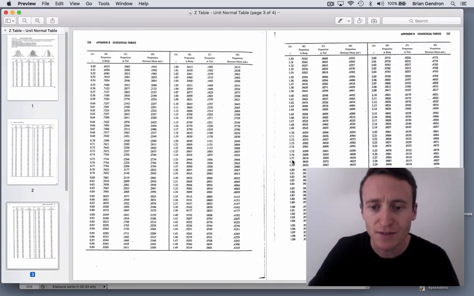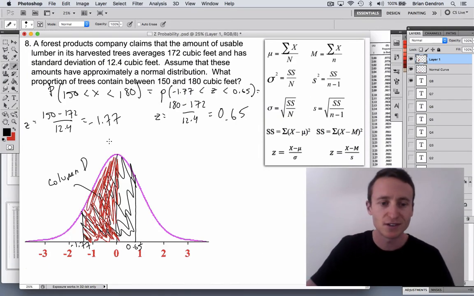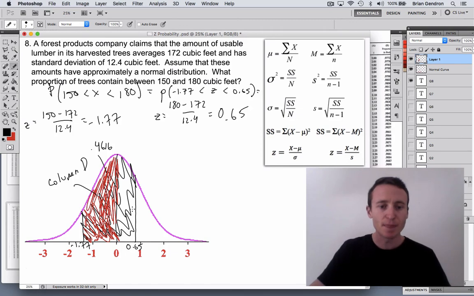There we go, 1.77 in column A, that's our z value. The distance, or the proportion, between the mean and that z value is 0.4616. Now we do the same thing over here. We also use column D, but now we care about a z value of 0.65.